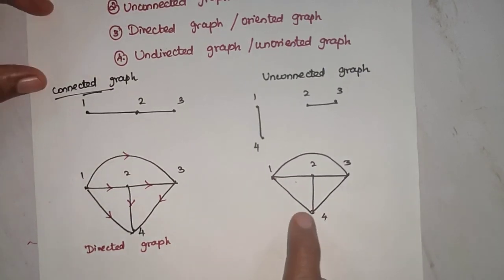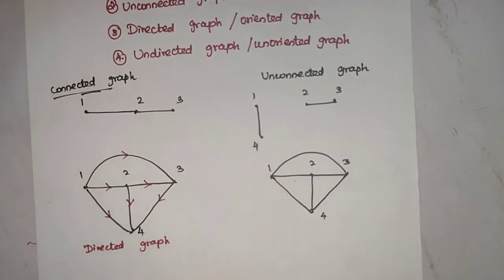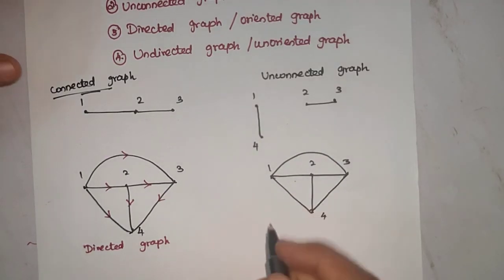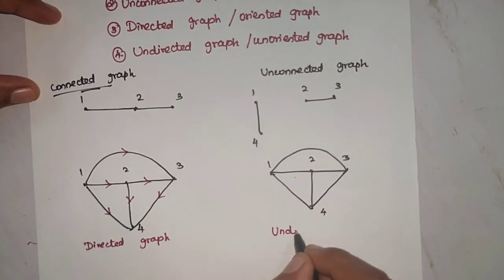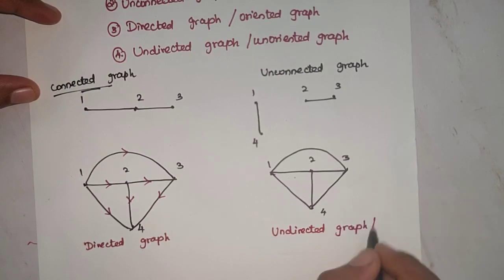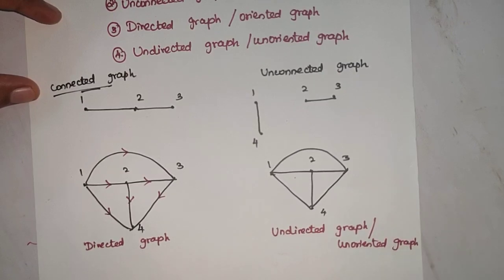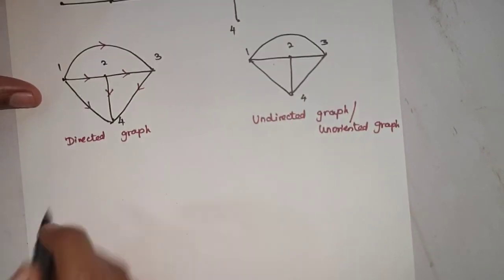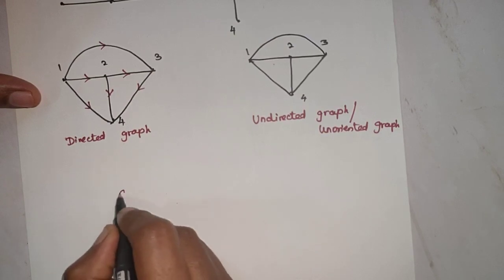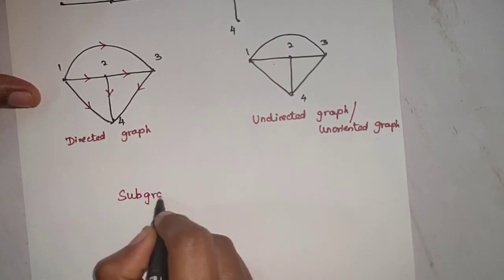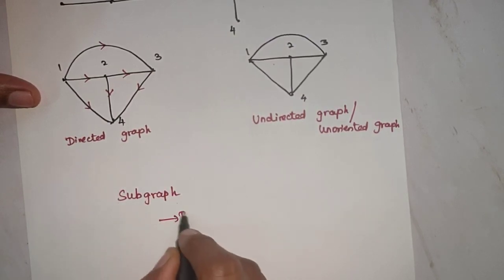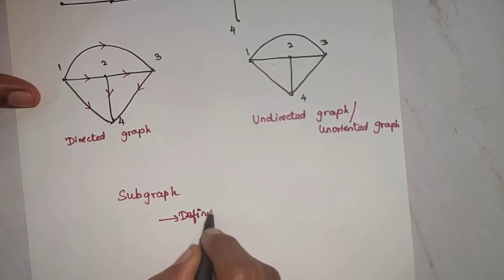If we don't consider the arrow mark or direction, that is called undirected graph, or unoriented graph. That's all. In next video we are going to see subgraph definitions and types of subgraph.